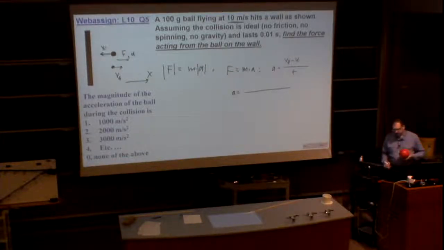Only direction changes. So the final velocity points to the right, and the magnitude of that velocity equals 10. Now we have to subtract the initial velocity. And initial velocity points to the left, which means the component of that velocity has to be negative. And we have to divide it by time.